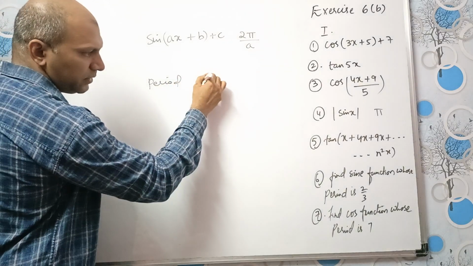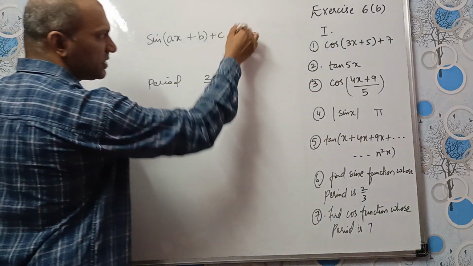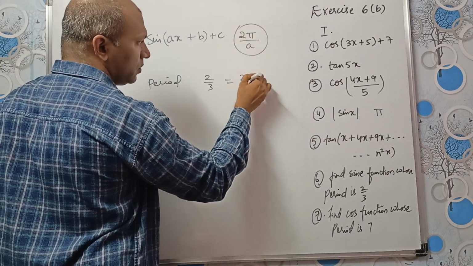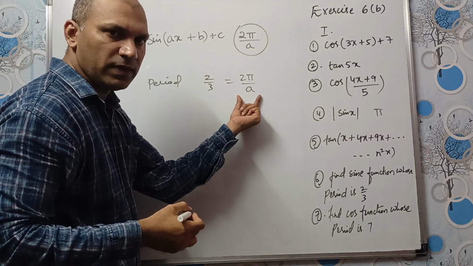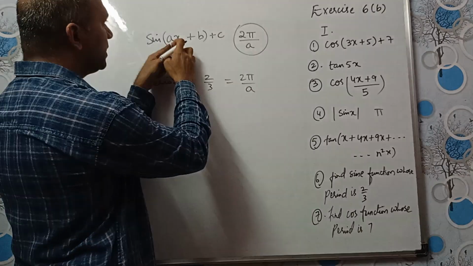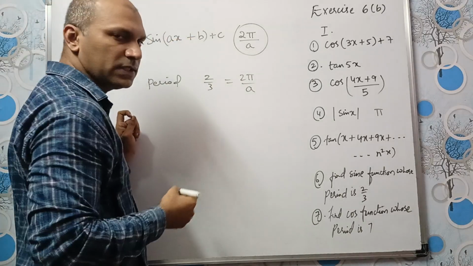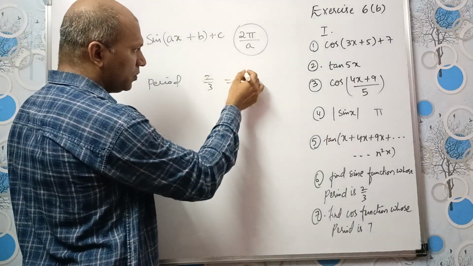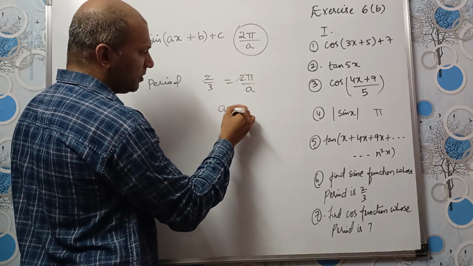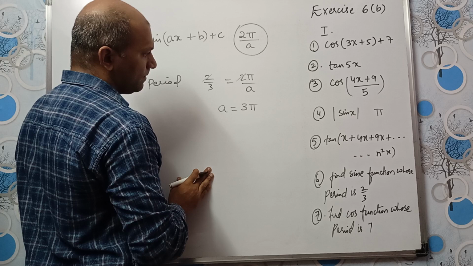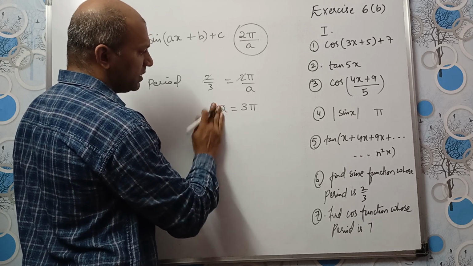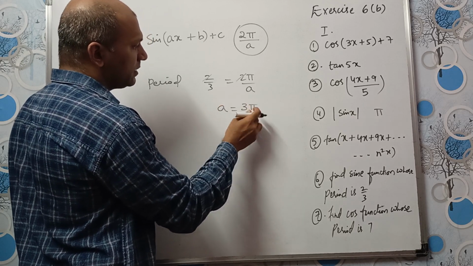The period is 2 by 3, which means 2 pi divided by a equals 2 by 3. So if we can find the value of a and substitute it here, we'll get the sine function. The 2 and 2 get cancelled, a goes here, it will become 3 pi. What is the value of a? It is 3 pi.